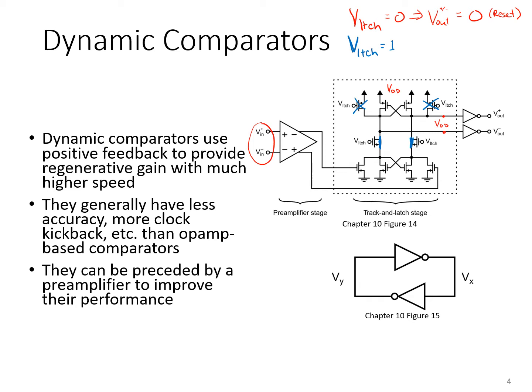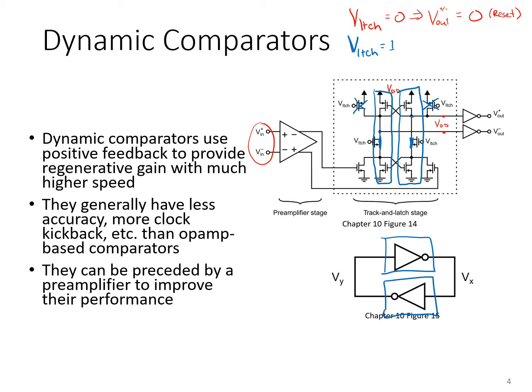Now you'll notice with those transistors on, these two transistors here form an inverter with this node here as its input. And we've got another inverter formed by these two transistors, which have the output of the first inverter as its input. So essentially, you have two back-to-back inverters, as shown in the schematic at the bottom.